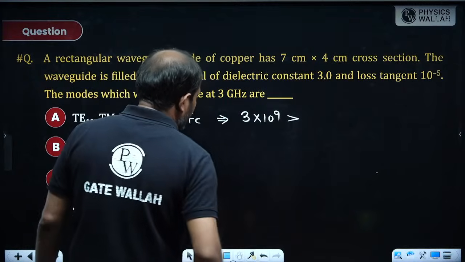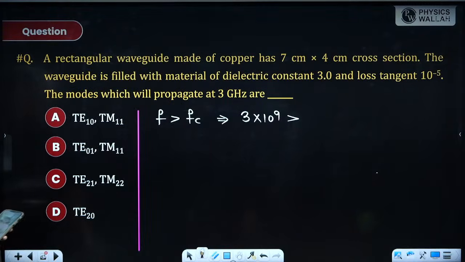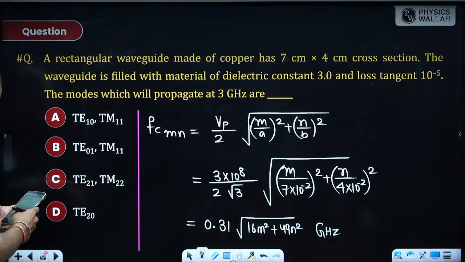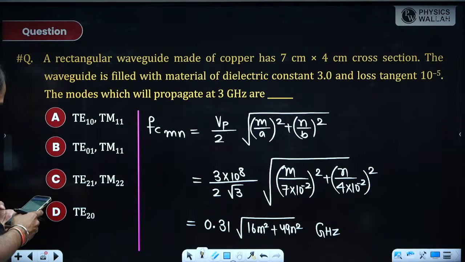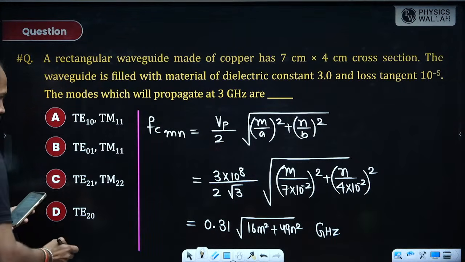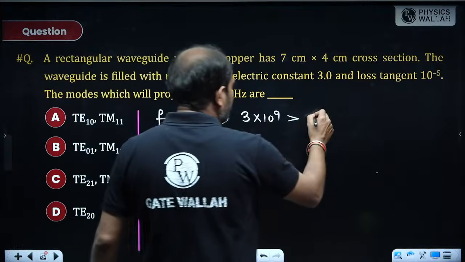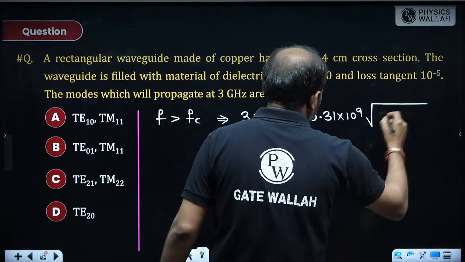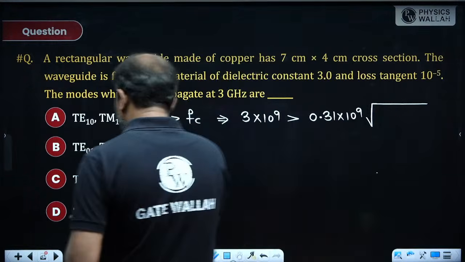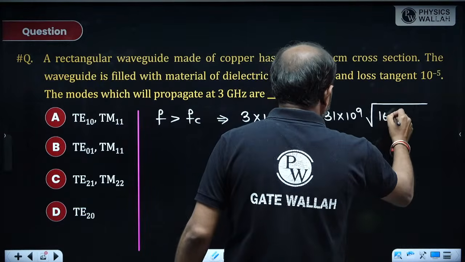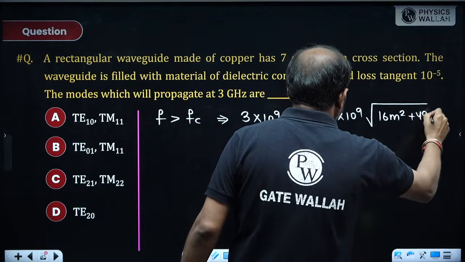Fc we have calculated: root 3 divided by 2 divided by 28, 0.31 into 10 raised to the power 9 under root 16m square plus 49n square.